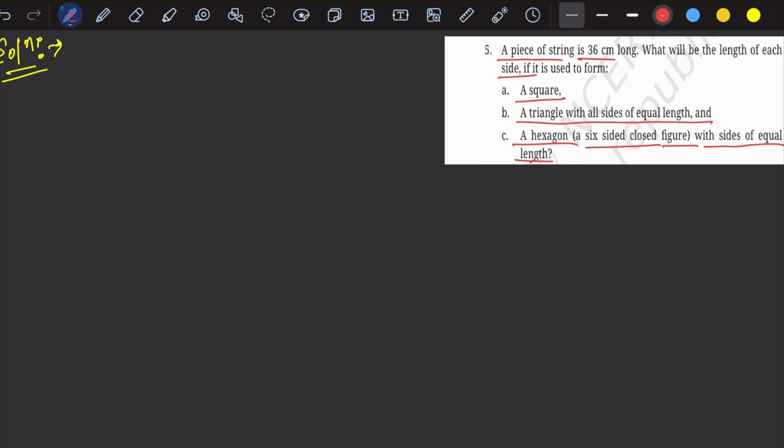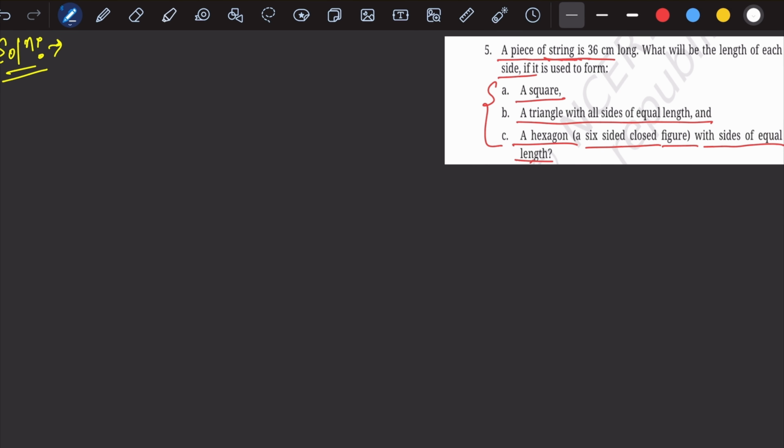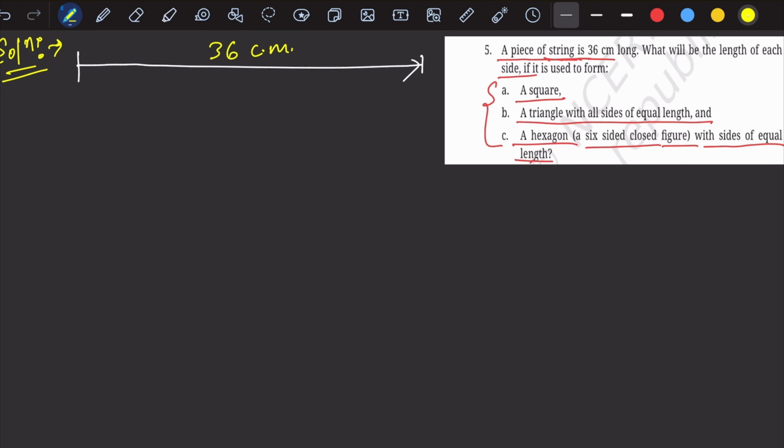Okay, so here we have three types of figure, but the wire or string will be the same. What is given here is one string which has a total length of 36 centimeter. Now what is the first shape?